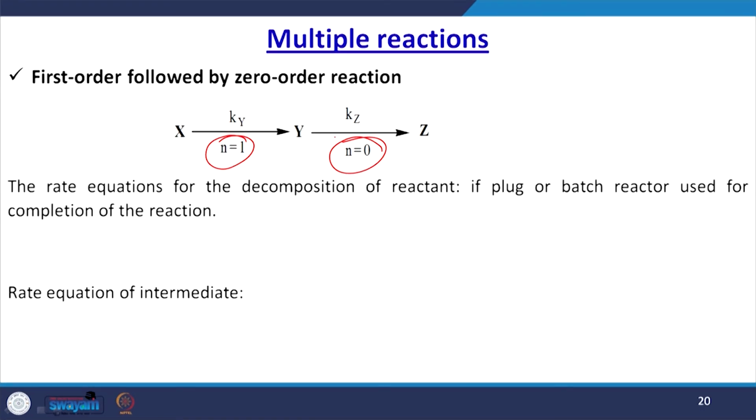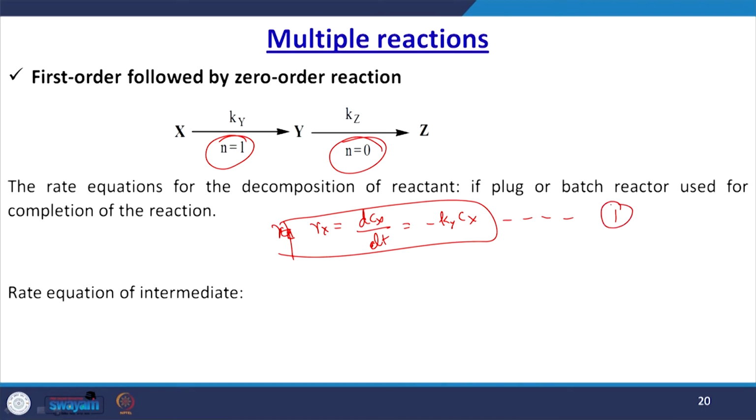Then we try to write the rate equation for the decomposition of the reactant. Now, if a plug flow or batch reactor is used for the completion of the reaction, in that case Rx is equal to dCx upon dt equal to minus Ky Cx. That you may say is equation number 1.